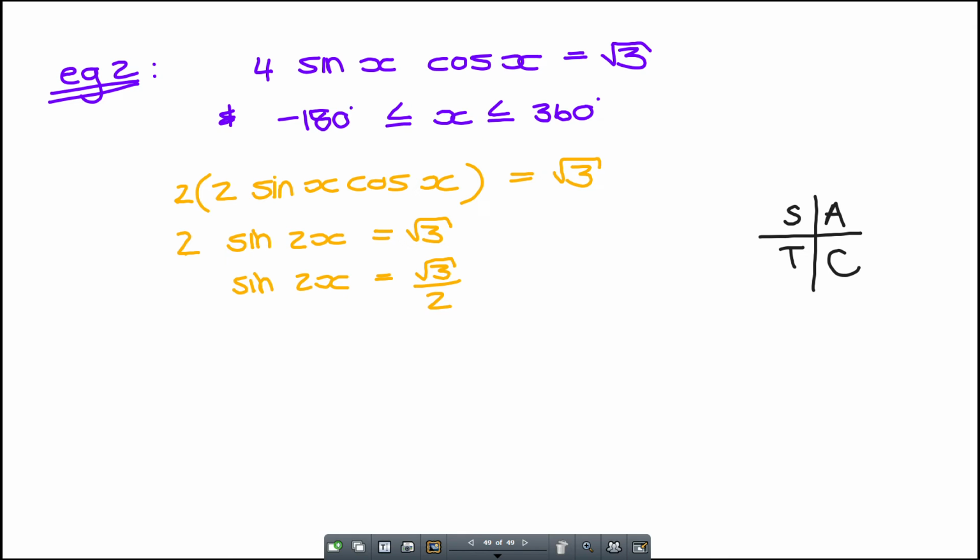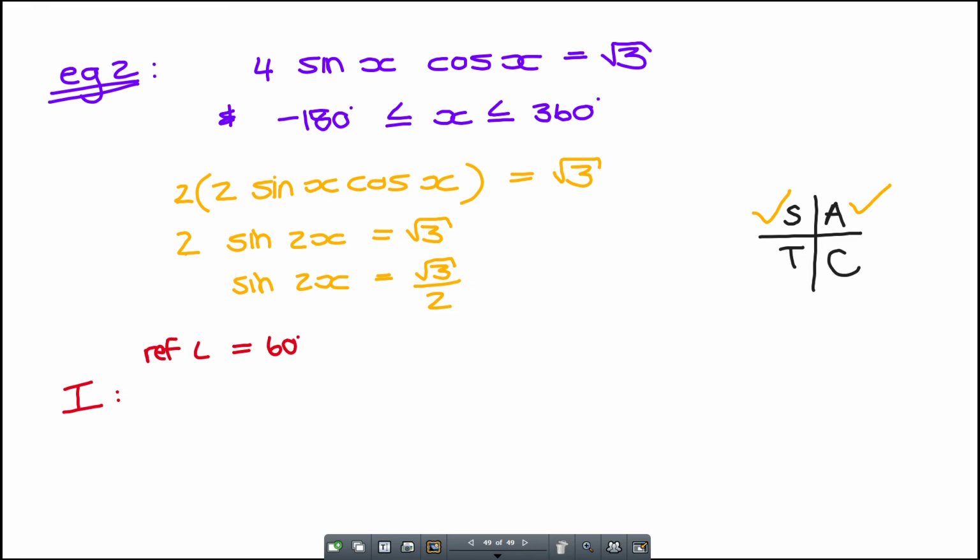Okay, so first things first, I'd have to get my reference angle. So your reference angle will be 60 degrees. Now you also see that sine is positive. Where is sine positive? In quadrant 1 and quadrant 2. So I know that I'm going to work with quadrant 1.